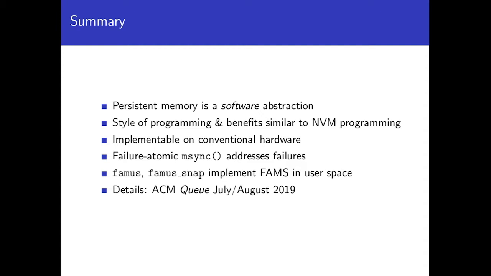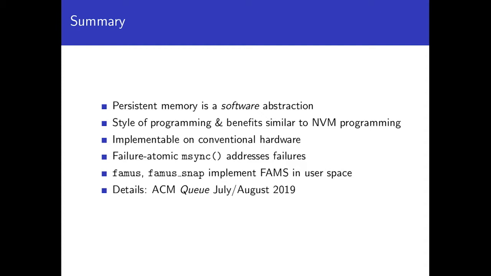Okay, so wrapping up, I've talked today about persistent memory as a purely software abstraction and a corresponding style of programming that offers many of the same benefits as the style of programming that NVM naturally invites, but it can be implemented and practiced on conventional hardware. If you're worried about failures, failure atomic msync is a mechanism that prevents failures from corrupting your persistent data, and there are many ways of implementing that.